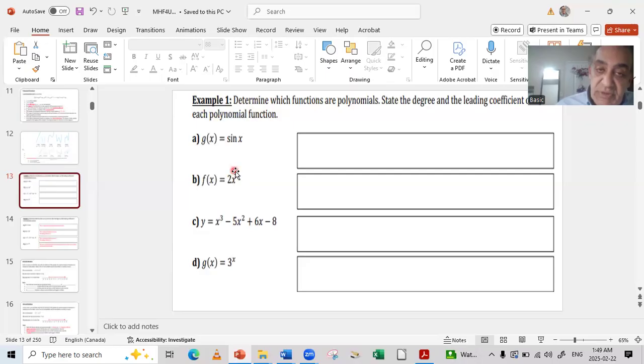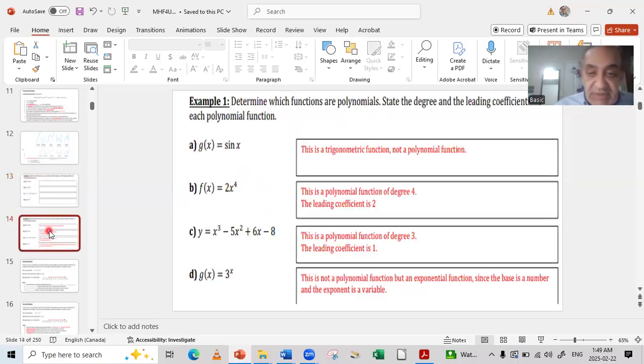This one is polynomial. This is polynomial. This one is polynomial as well. And this one is an exponential function. And you can see the answers here. So this is polynomial. This is polynomial. This is not polynomial. This is exponential. And this one is trigonometric, like we said.